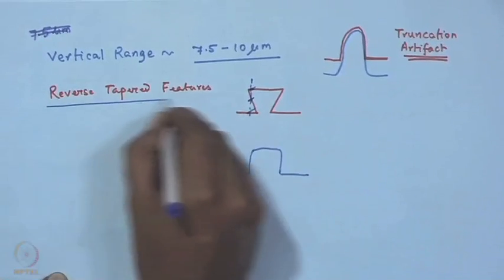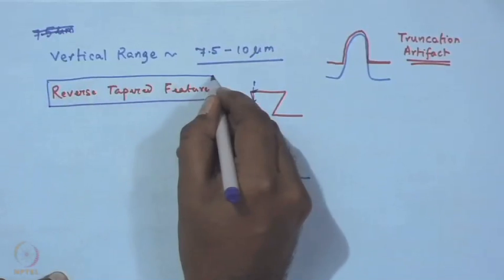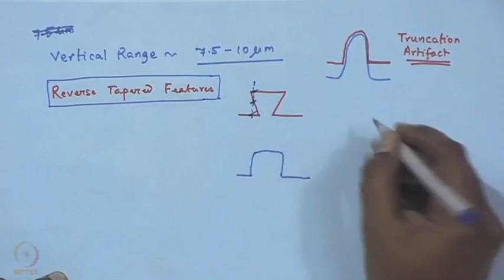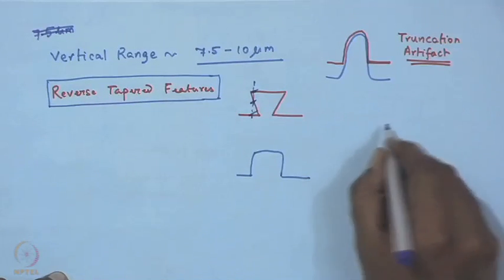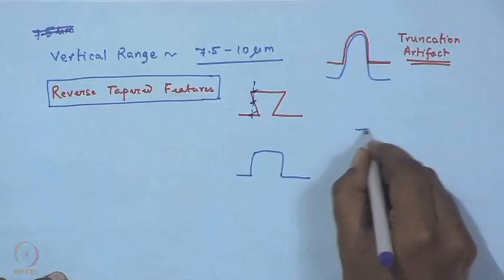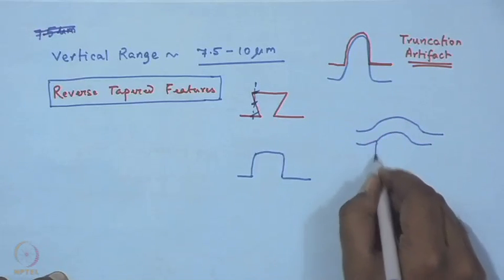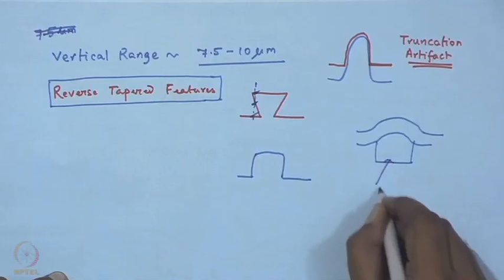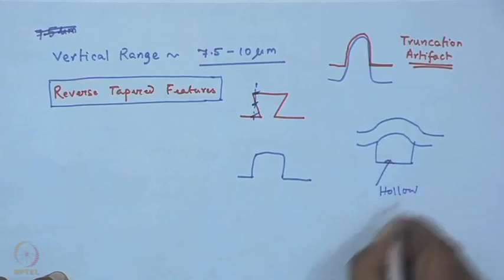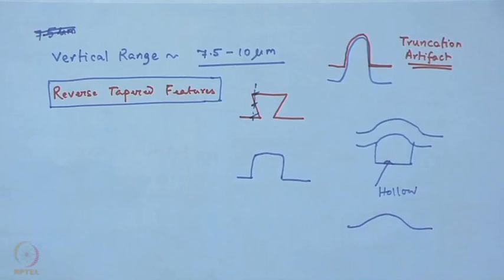So, please remember that though AFM is extremely versatile, reverse tapered features or hollow features are not possible. If you have some hollow features like this, your AFM will only pick up the surface feature.